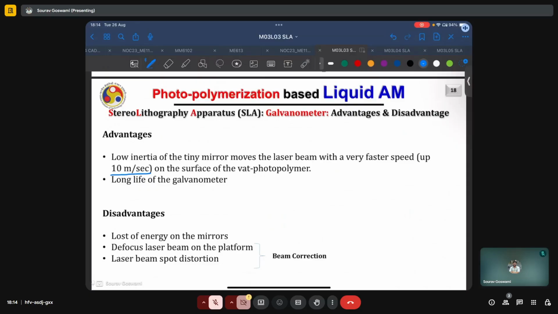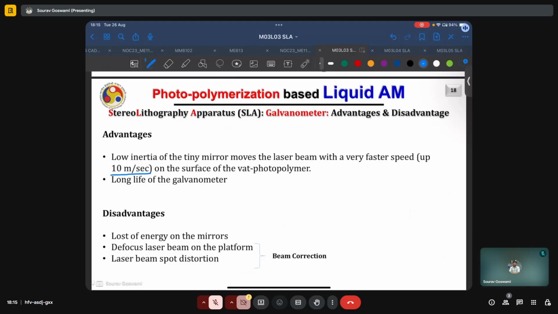The disadvantage, however, is that not all of the laser energy which is incident on these galvanometer mirrors gets passed on to the feedstock to be printed. Rather, some of it is lost. And then there is the issue of defocus of the laser beam on the platform and distortion of the laser beam spot shape, which we'll be talking about in a little greater detail.